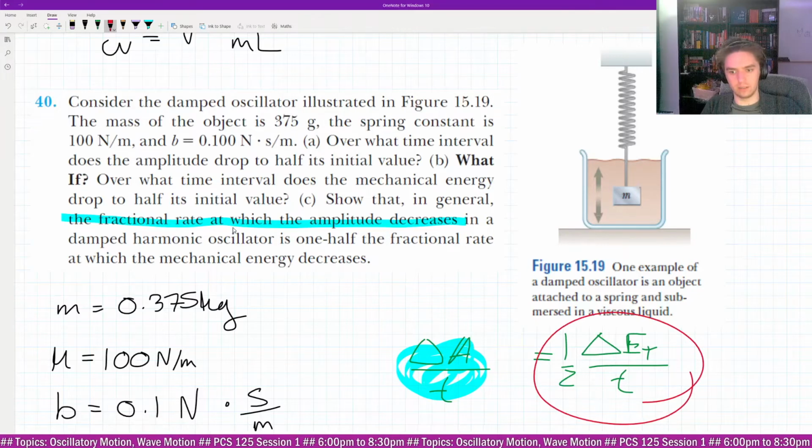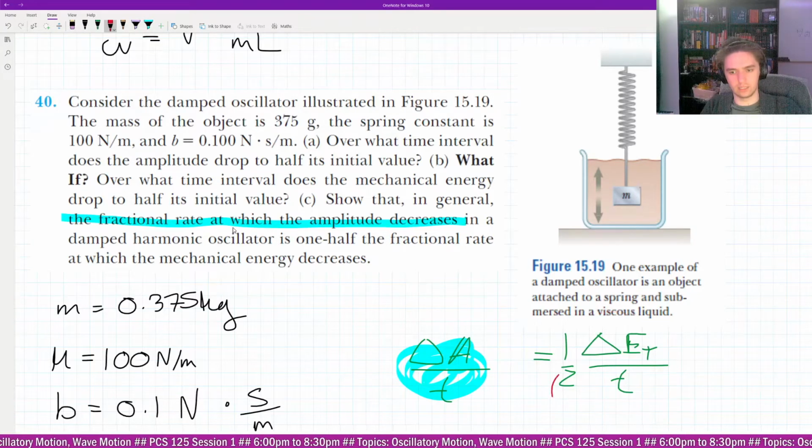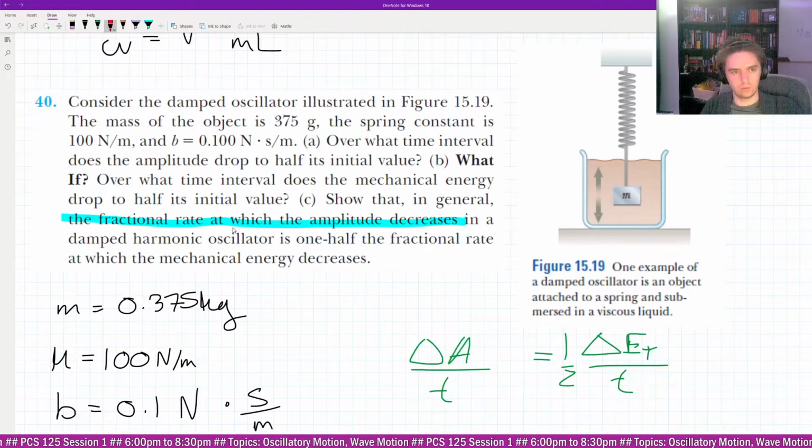Is half of this one. So that should be like this, is half of this, which is equivalent to what I said before. I'm interpreting that in a different way than you are.